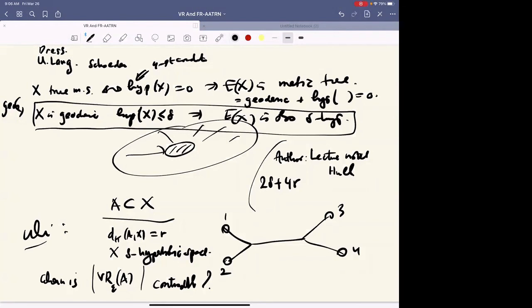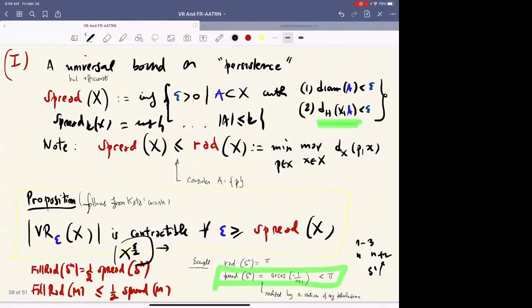Yeah, exactly. I mean, it seems to be. Because in the spread case, the essential idea is that the Vietoris-Rips epsilon of A is of course a subset of Vietoris-Rips epsilon of X. But this one, as soon as epsilon is larger than the spread, will become the full blob, right?